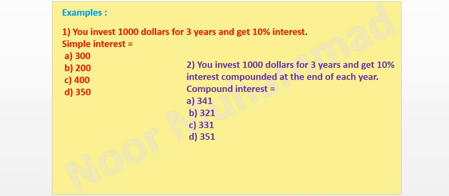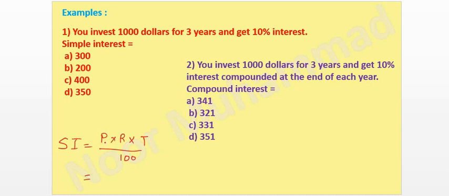So here we have an example. It says you invest $1,000 for 3 years and get 10% interest. Find the simple interest. How will we find the simple interest? We will write the formula. The formula is P times R times T divided by 100, because it will always be divided by 100.